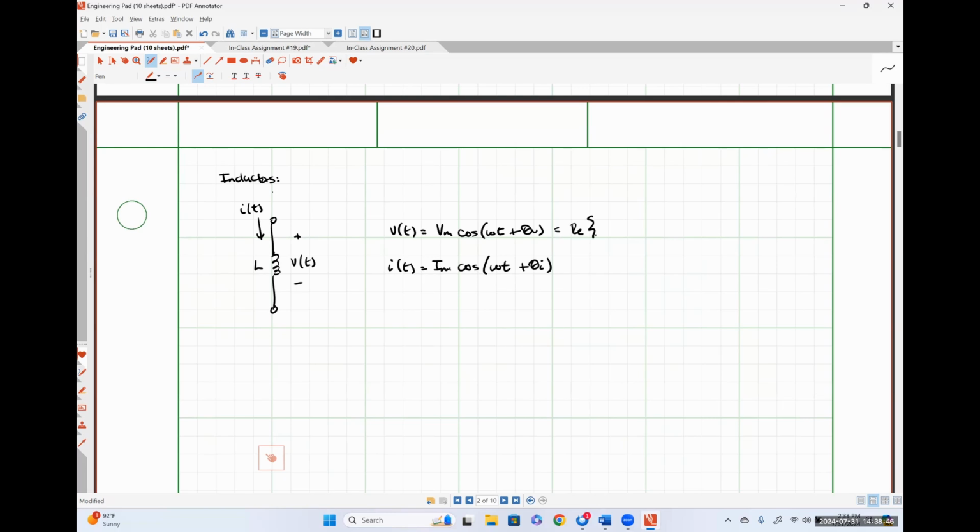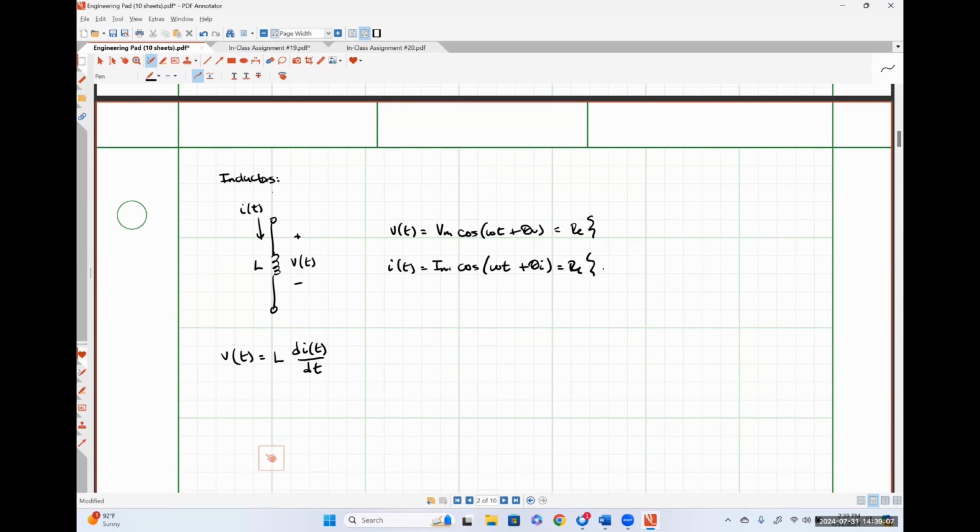V_L of t equals L times dI_L of t with respect to time. Exactly right. So let me write that down here really quickly. The voltage drop across our inductor is equal to the inductance times the derivative of the current flowing through the inductor with respect to time.